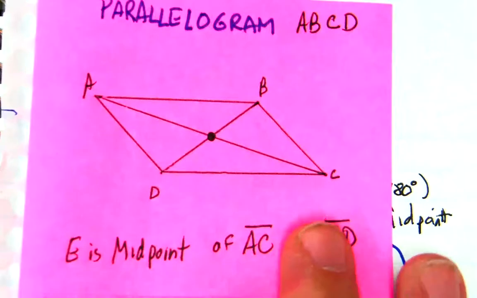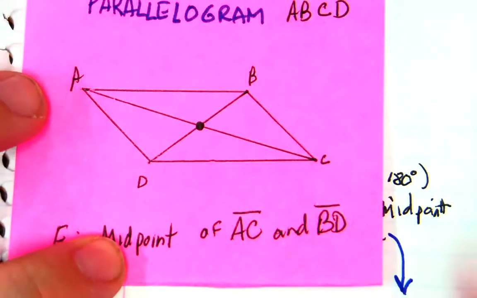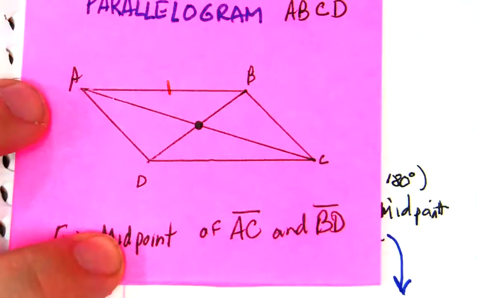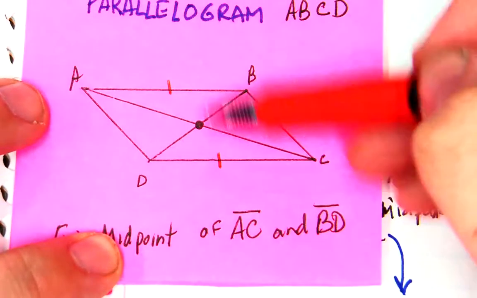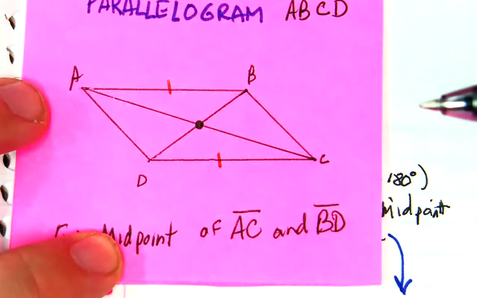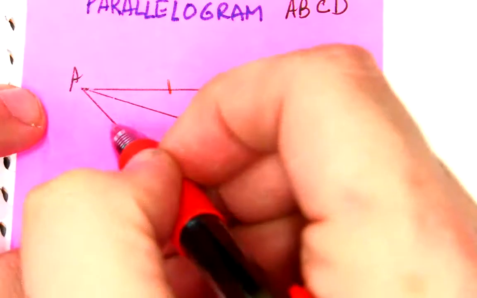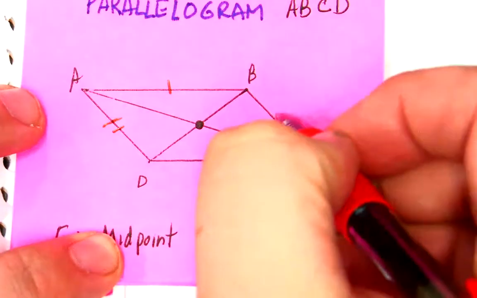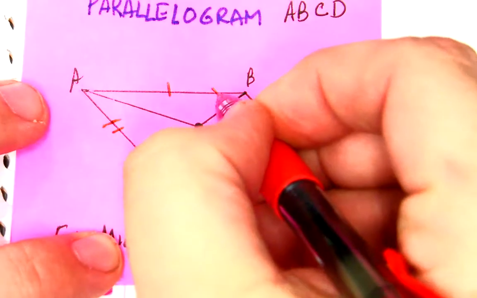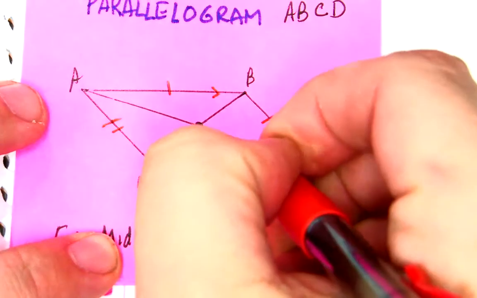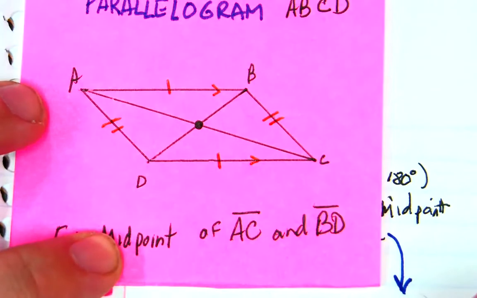Alright, now, if we go back to this picture, that side is congruent to that side. Those are opposite sides. AB is congruent to DC. This side is parallel to this side. AB is parallel to segment CD.